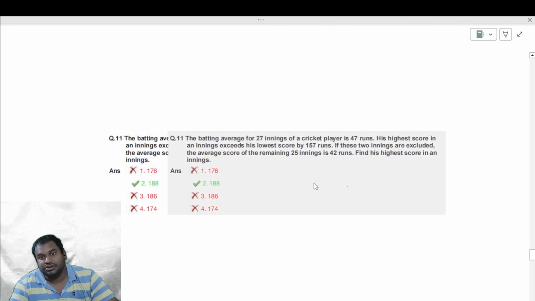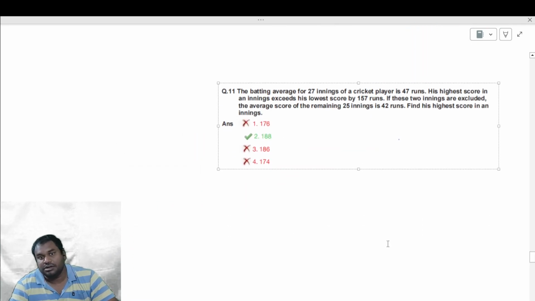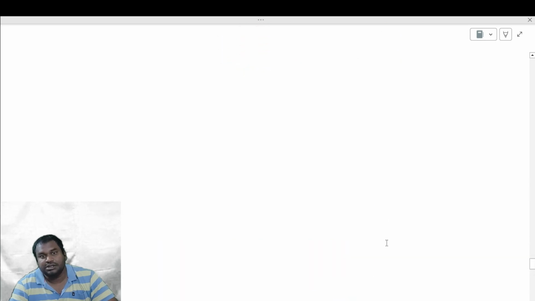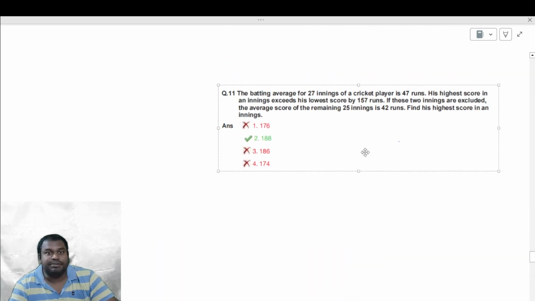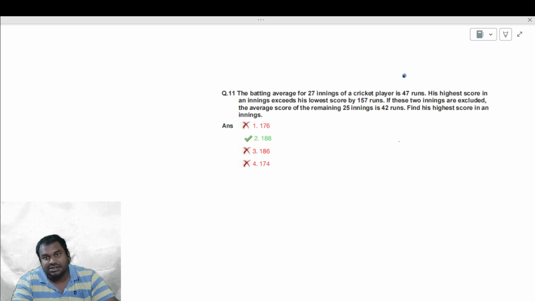It was given in 2021, not 2022, I don't remember exactly. So the batting average of 27 innings of a cricket player is 47 runs.